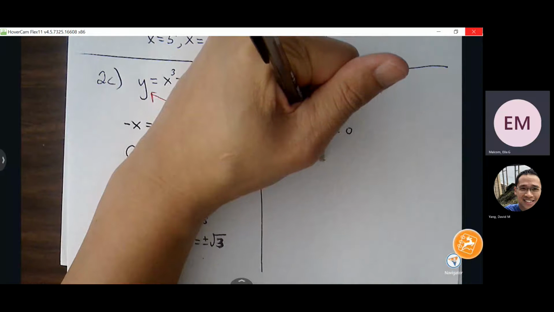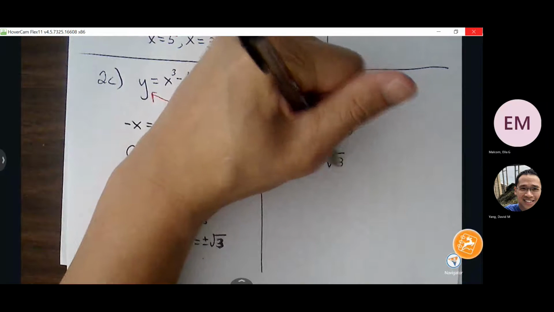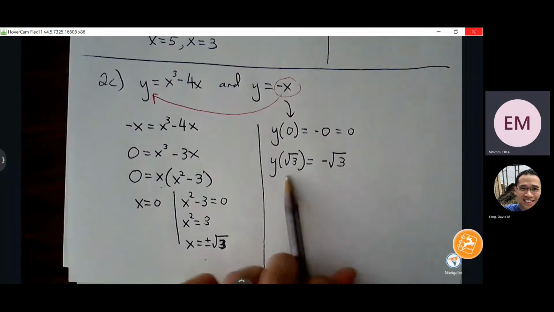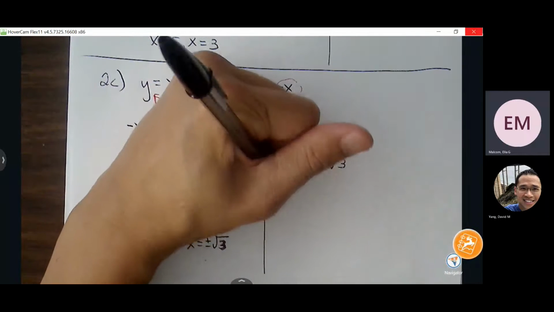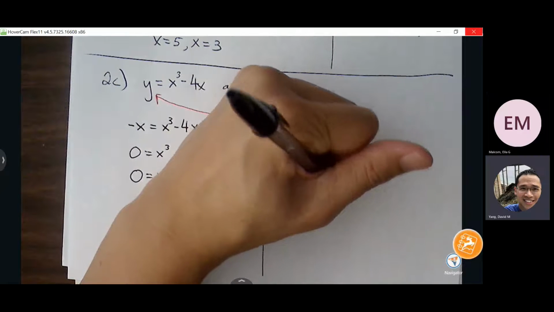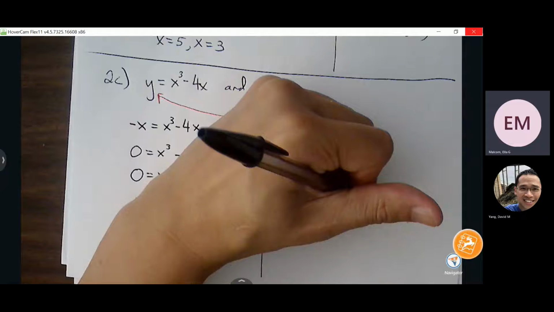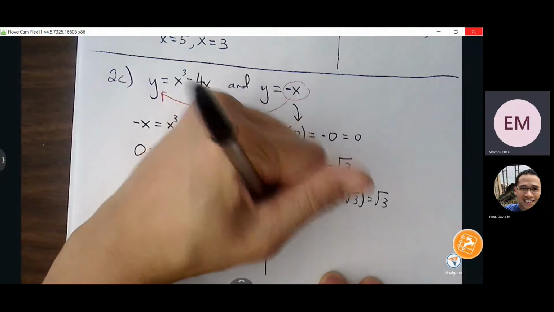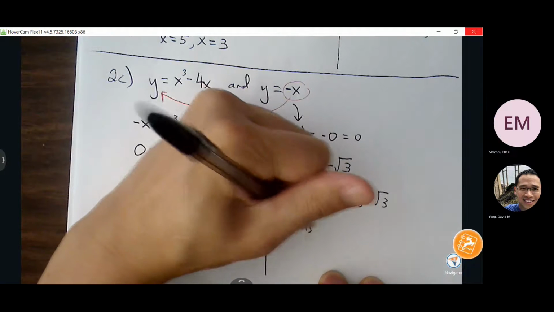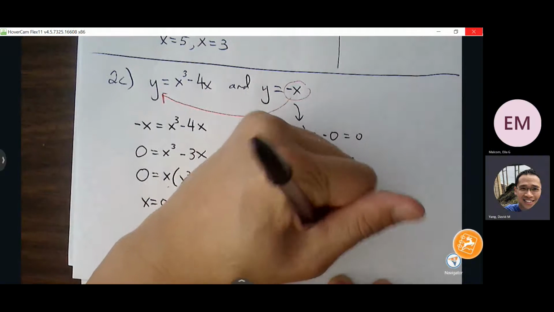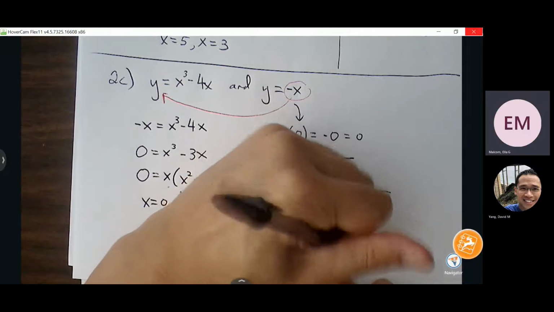So our ordered pairs would be (0, 0), (root 3, negative root 3), and (negative root 3, root 3).